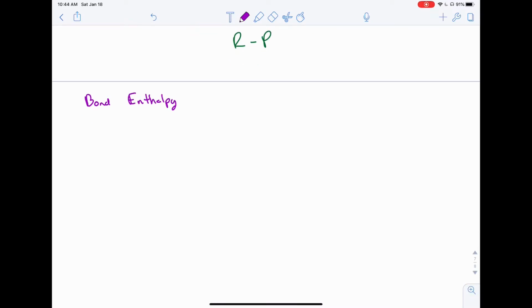Last one for SL. Okay. Bond enthalpy. Bond enthalpy is the energy required to break 1 mole of bonds in the gaseous state.